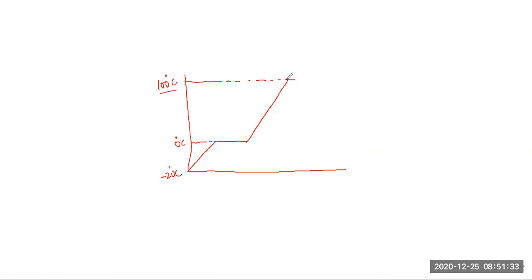Then at 100 degrees centigrade the entire liquid converts into vapor, and when the entire liquid has converted to vapor, the temperature starts increasing again. This is the way the heating takes place, until it becomes 120 degrees centigrade. This is how the temperature changes from minus 20 to 120. It's not like this. It's like this.